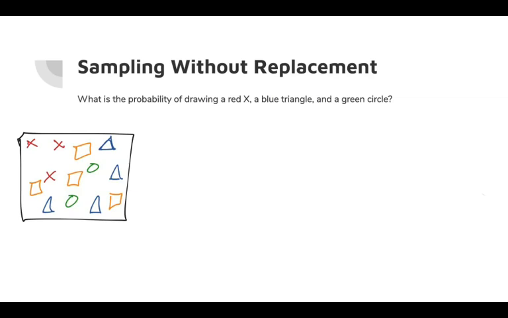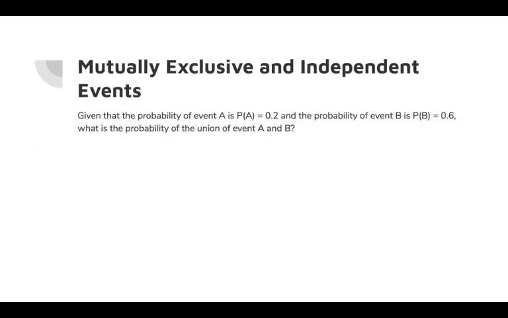So for the next one, the last thing we want to talk about are mutually exclusive and independent events. And in this one, I need to explain a couple of the symbols that you see in statistics. So for example, sometimes you'll see something that looks like this, where they're asking about the probability of A, and then they have this weird thing, B, okay?